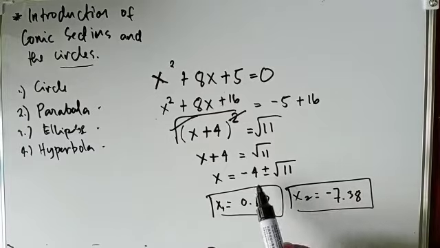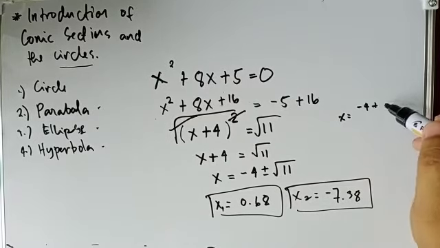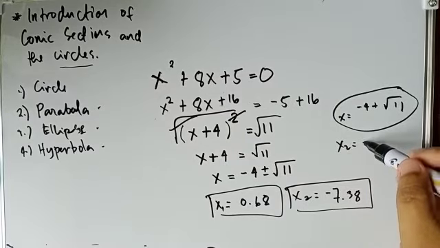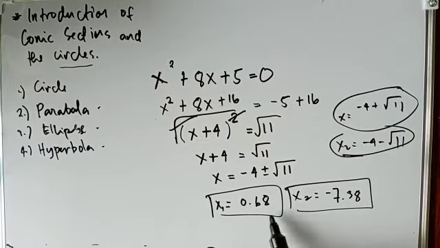So by the way, gumamit lang kayo ng calculator para masolve to. So x sub 1 natin dito, negative 4 plus square root of 11. Also, x sub 2 natin dito, negative 4 minus square root of 11. Ganun. Baka kayo nalito kung saan ko to nakuha. Calculator nyo na lang, ito yung lalabas. So again, ganun mag-solve ng value ng x gamit ang completing the square. So let's move on na.